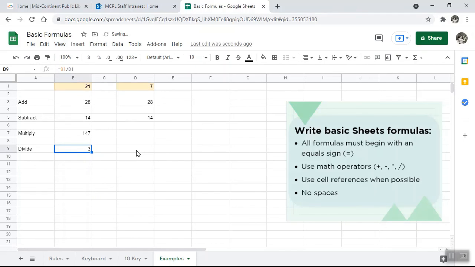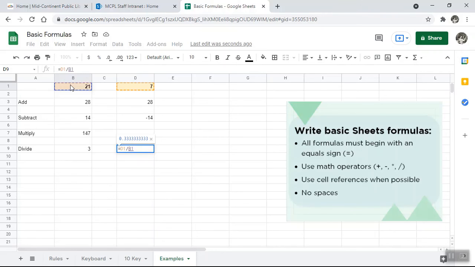But we could also use those numbers to write a fraction, and just remember, fractions mean divide. So equals D1, or 7, divided by 21, B1, and again, it would look like 7/21.